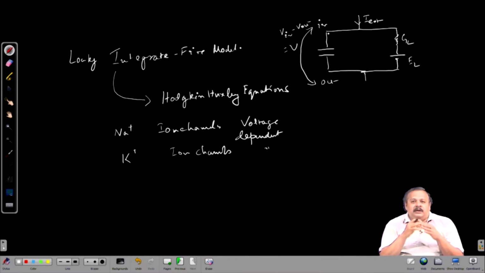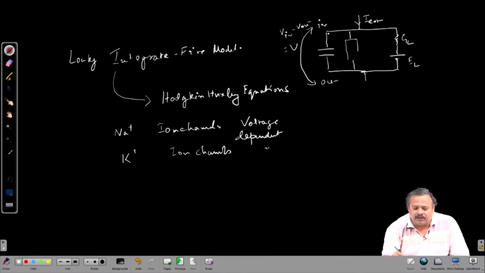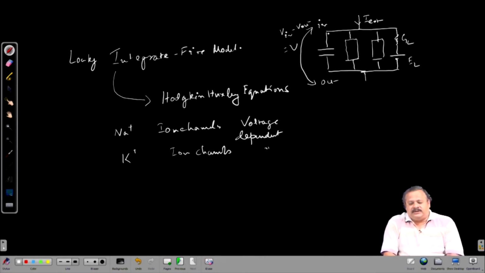If we consider the sodium ion channels all together, then that is simply going to be an additional parallel branch in this circuitry. If this branch is going to be the sodium channel branch, then if we incorporate the potassium, that is going to be the potassium channel branch.